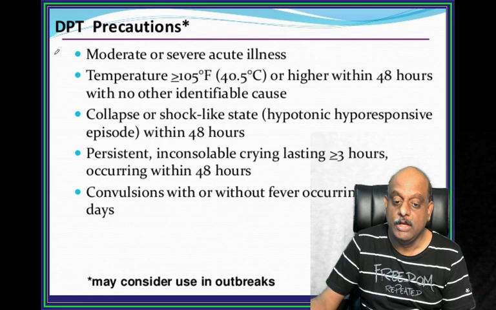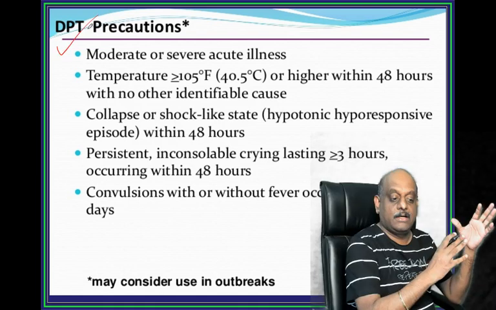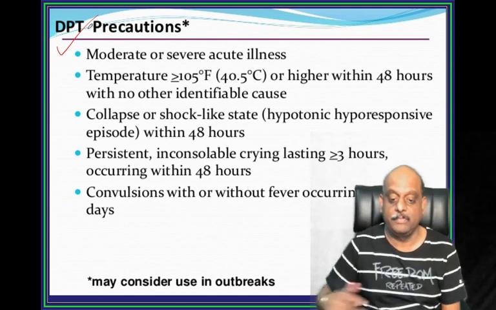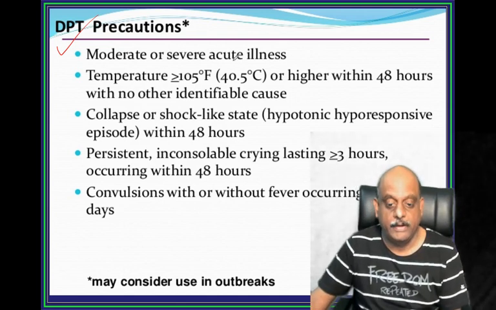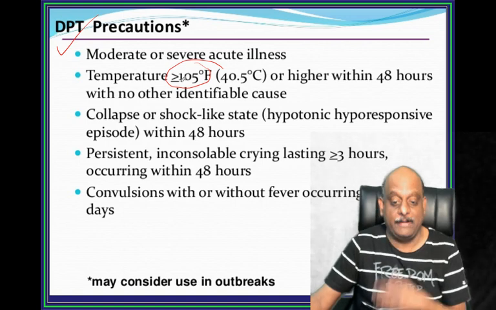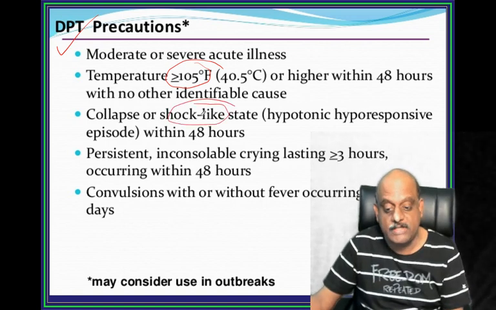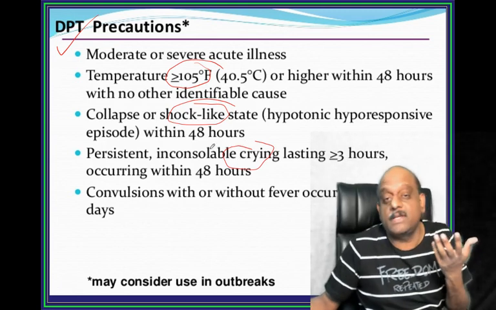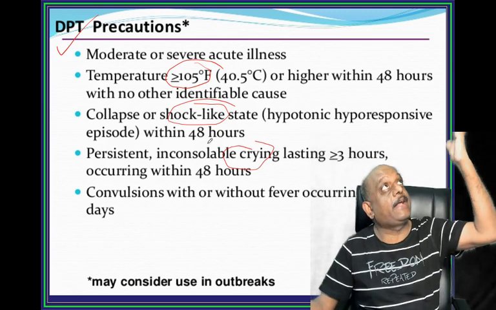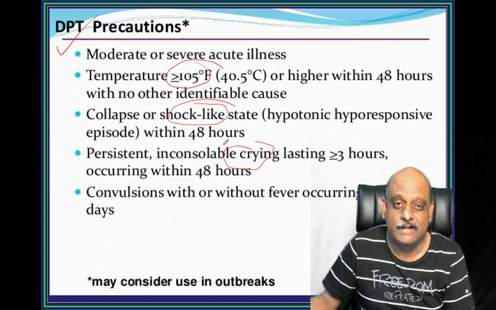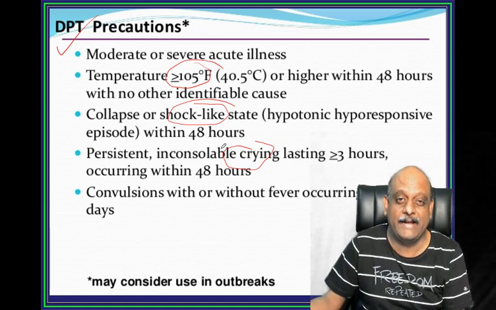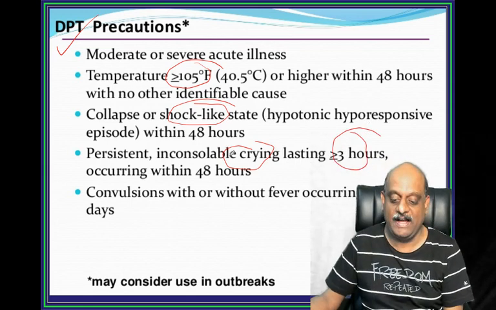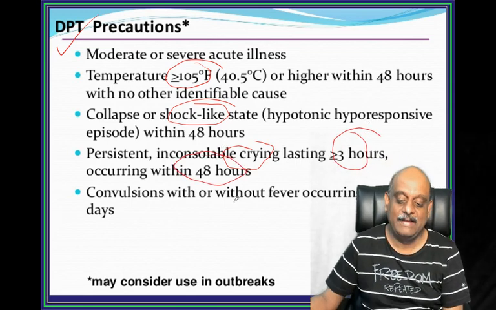So while you are giving DPT vaccination, doctor, what are the precautions? Temperature more than 105, any shock-like state, inconsolable crying, some kids cry that there will be cracks in the roof of the government pediatric hospital, lasting more than 3 hours, occurring within 48 hours.